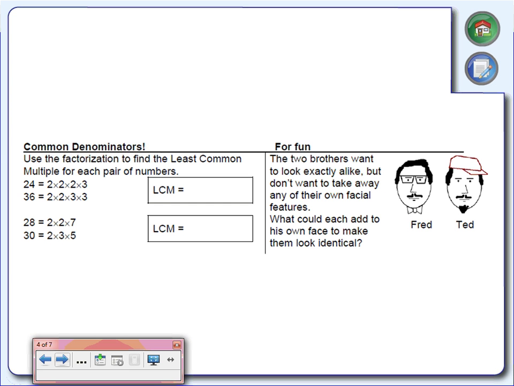Well, let's start with regular numbers. How would you find the common denominator for a 24 and a 36? If I gave you 24 and 36 as the denominators, what would be the least common multiple, or the least common denominator? What's the smallest number that both a 24 and a 36 would go into?